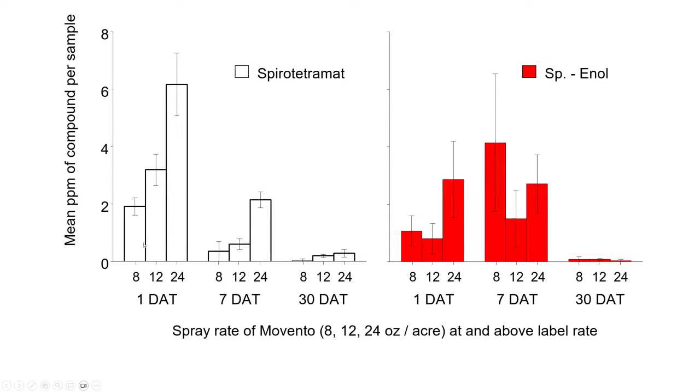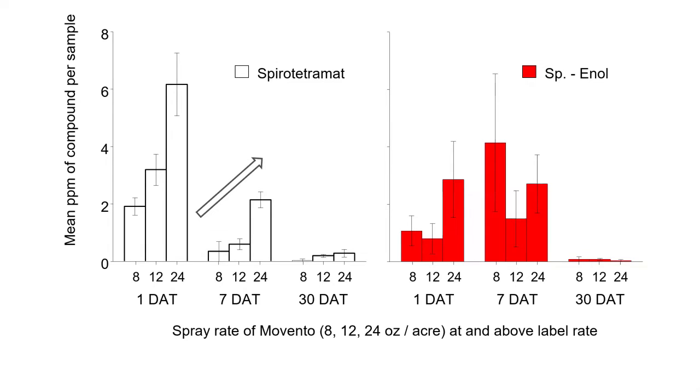And with an HPLC, we looked at the amount of spirotetramat the day of the spray, 7 days later, 30 days later. What I'll show you here is that the amount of spirotetramat increased with our increasing application dose, and it decreased over time. That's exactly what you would expect to happen.